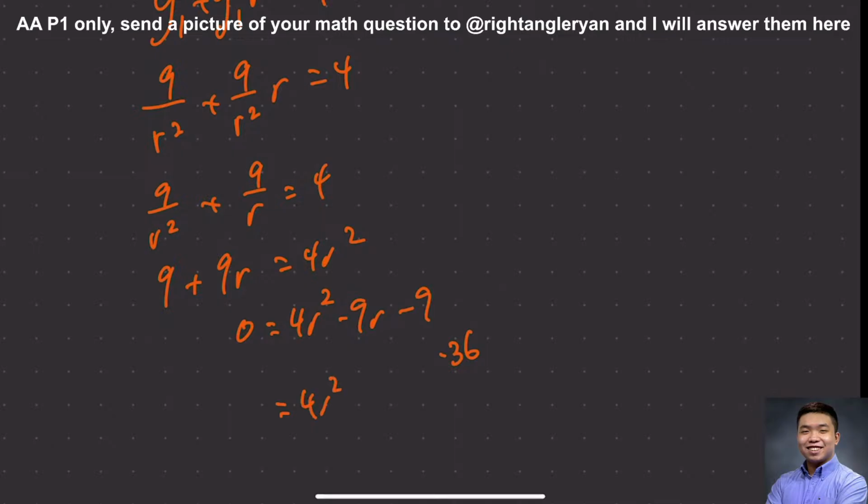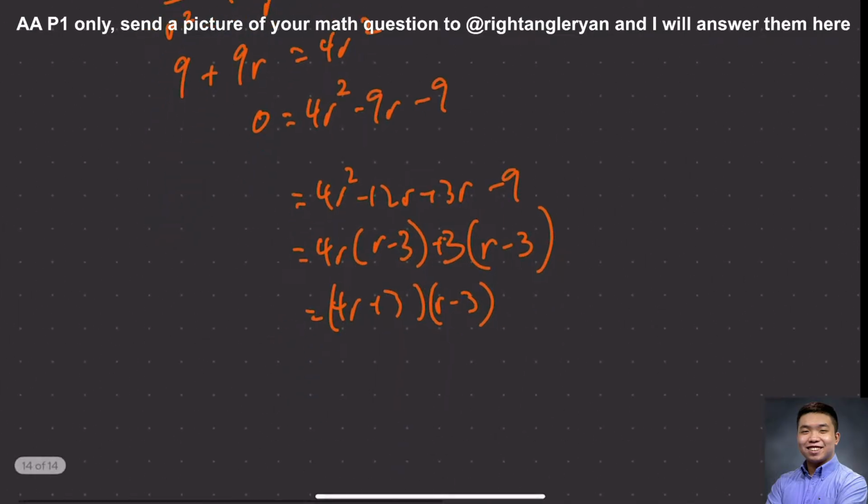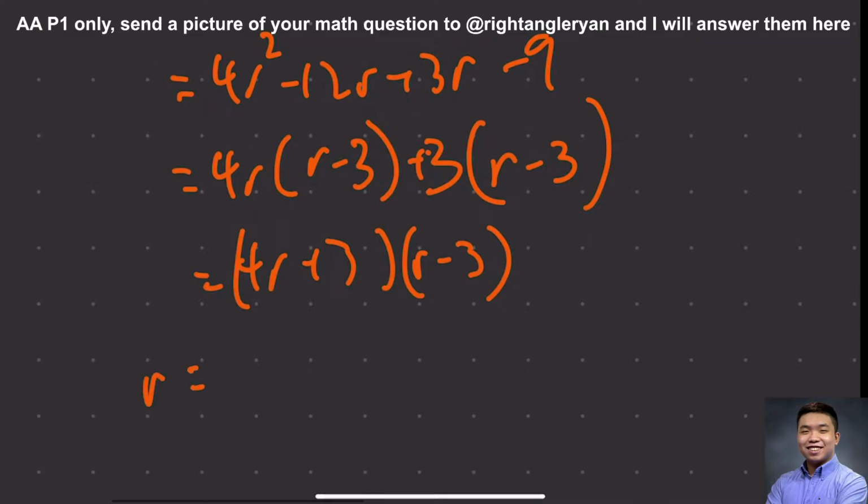So 4r squared minus 12r plus 3r minus 9. So it is equal to 4r times r minus 3, plus 3 times r minus 3. So this will be 4r plus 3, r minus 3, and then r is equal to 3, or negative 3 over 4.